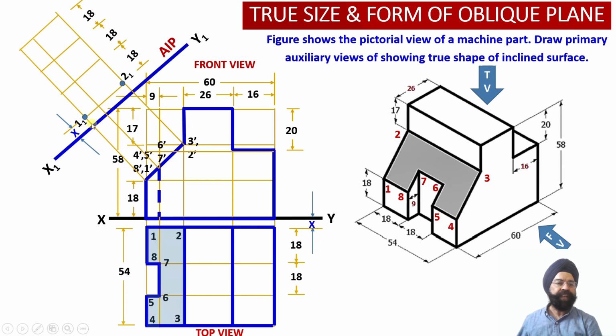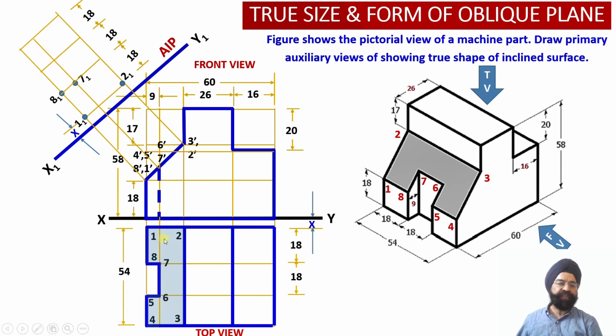So onto the projection line corresponding to the point 8 dash, we will be able to locate point 81, and corresponding to the projection line for the point 7 dash, we will be able to locate point 71 over here. So 81 and 71 points have been located in the auxiliary plan view.